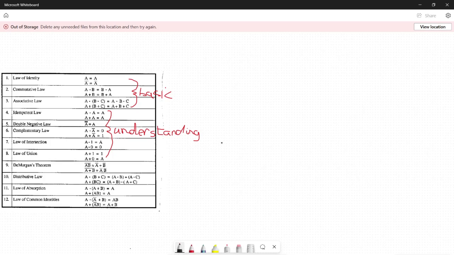And the final law is the law of common identities. So A times A inverse plus B inverse, well, that's going to equal AB. And we're just going to break up the brackets and say A times A inverse plus AB.